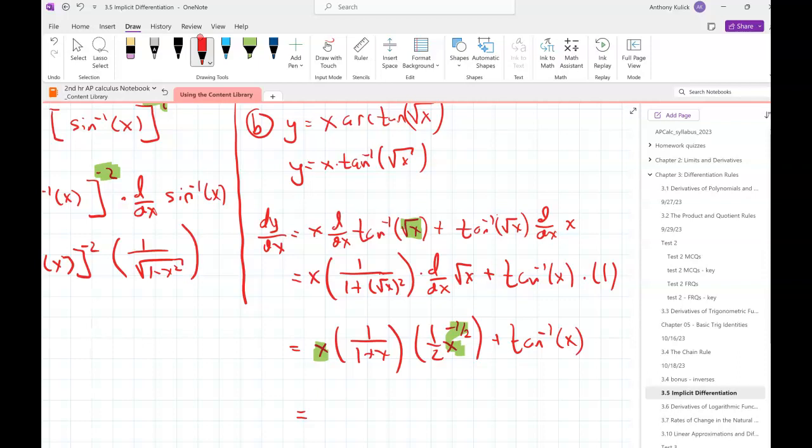X to the positive 1/2. So I'll just write that as square root x on top. That's probably the way they would write the answer.